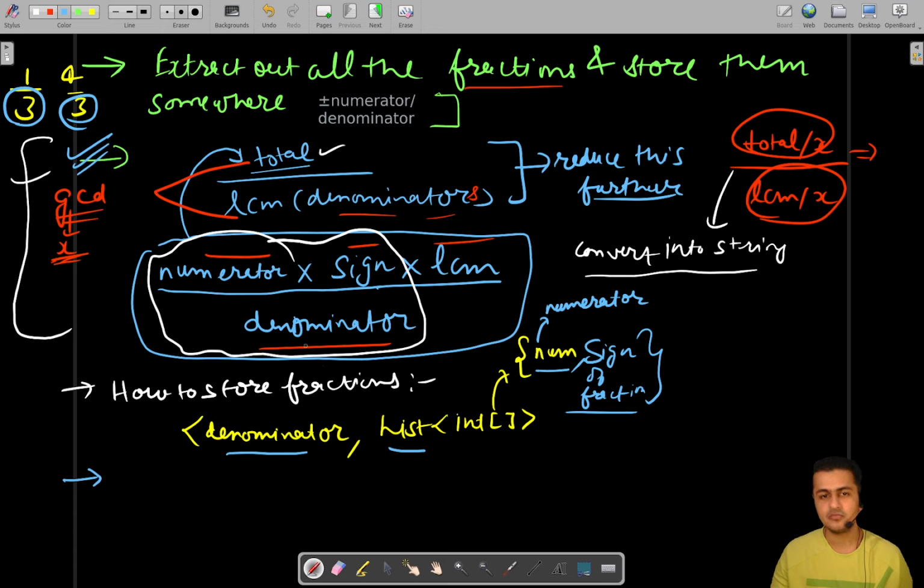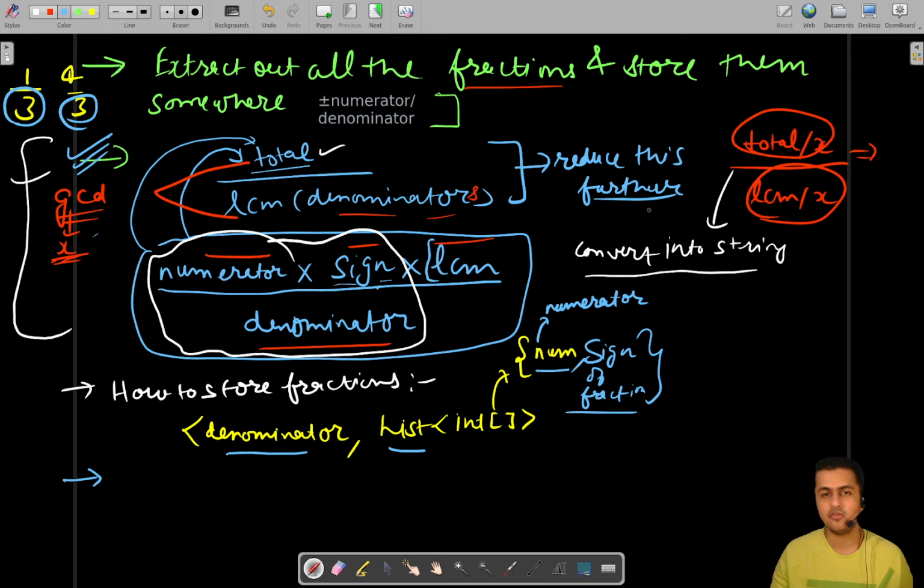You can be sure that this will be an integer because the LCM will be divisible by the denominator, so you need not worry about that, and don't forget to use the sign of the fraction. The whole thing for all the fractions is stored in the total, and then you reduce this by finding the GCD and dividing total and LCM by the GCD, and then converting it to a string.